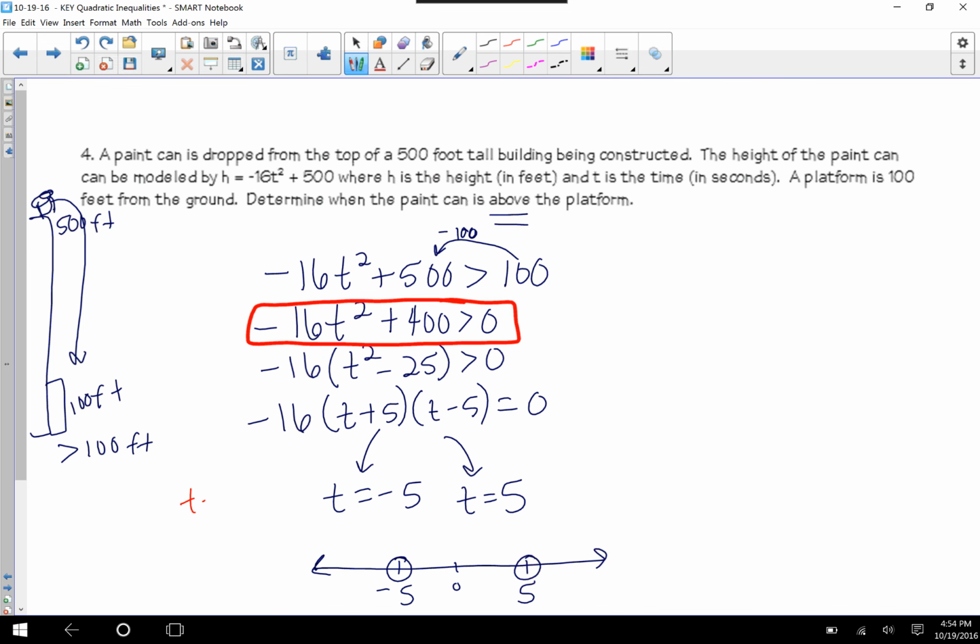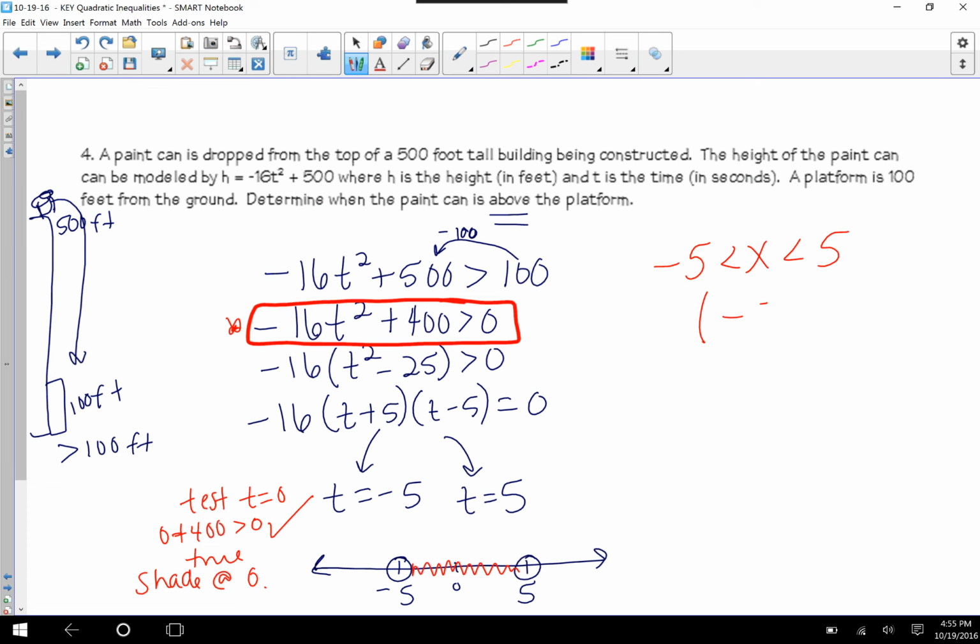When I test t equals 0 and plug that into this equation, I get 0 plus 400 is greater than 0. Well, that's true, so shade at 0. Here it is right here. So my solution set is negative 5 is less than t is less than 5.